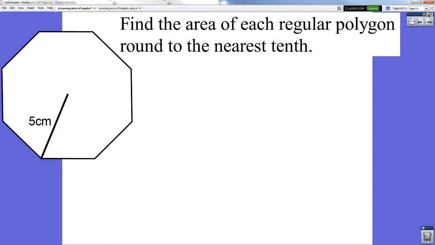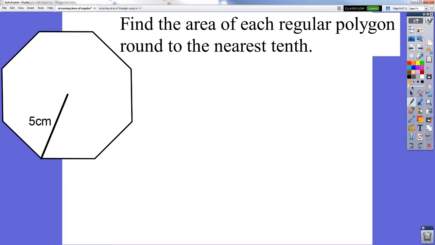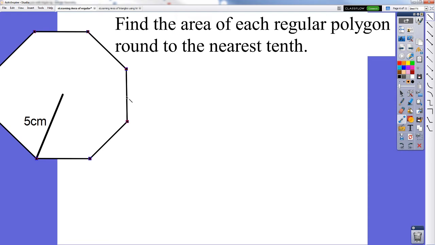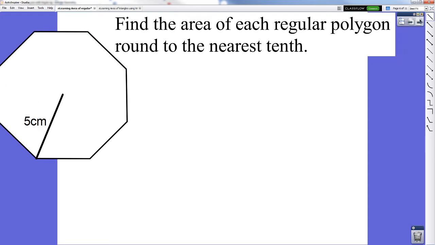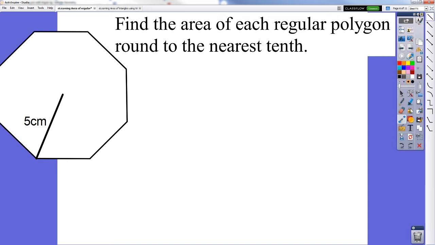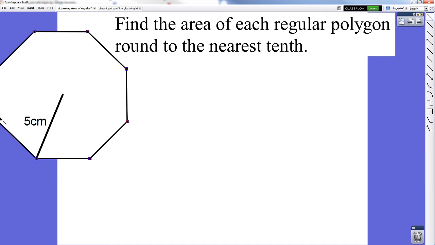If you look, we have an octagon, and we're going to split it up into pizza slices, just like we did last time. We're going to do this all the way around. Do our best to make it look nice, but you know, life is not always great.